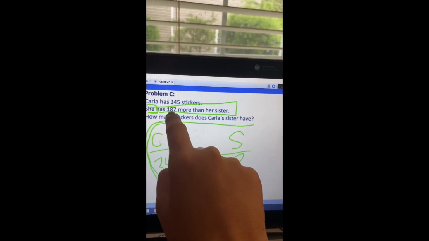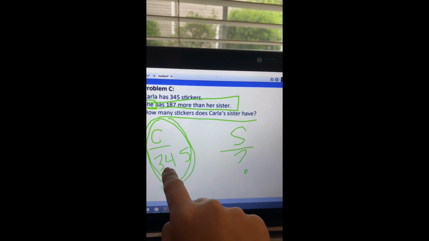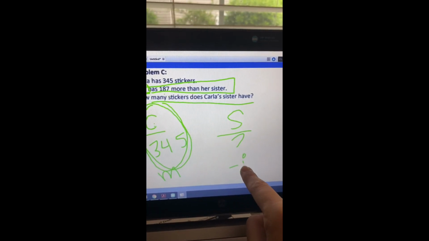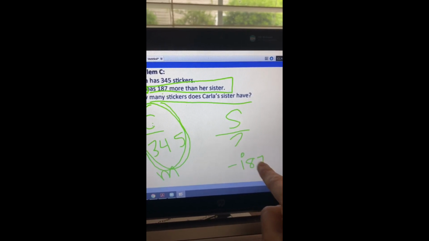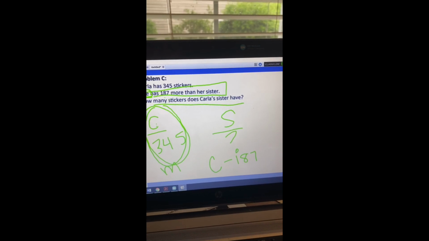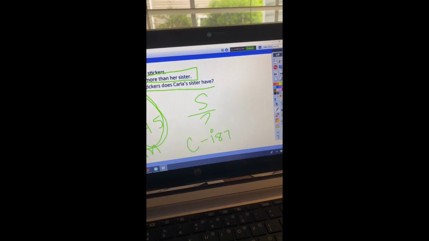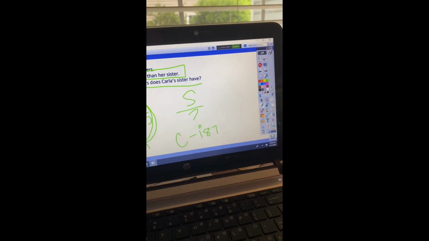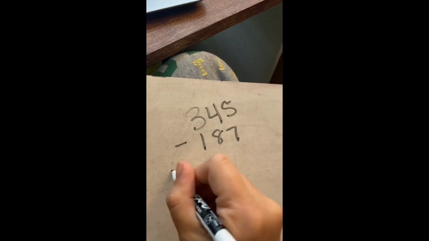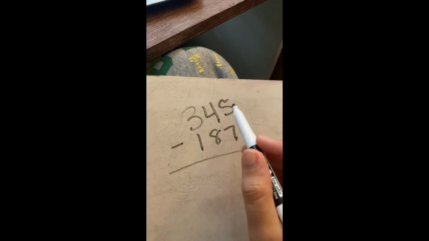Carla has 187 more. So if this is 187 more, then this must be 187 less than Carla. So if I know Carla's 345 and her sister is 187 less, I'm going to do 345 minus 187.